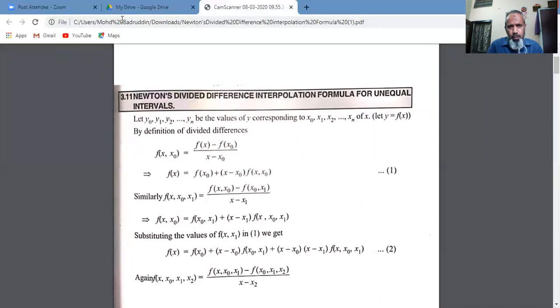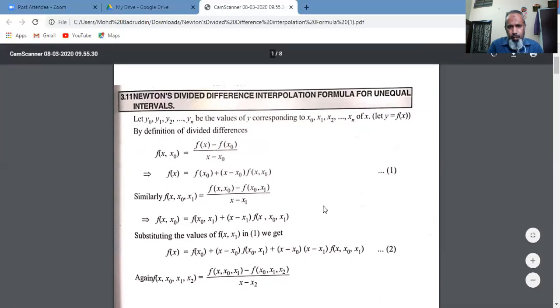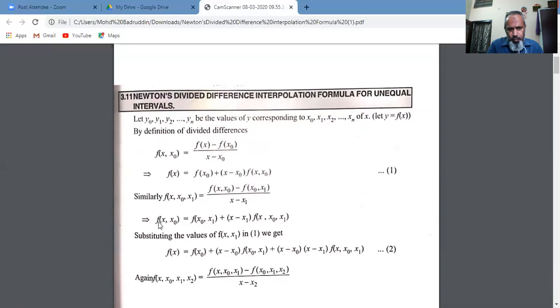So see here how we are writing the values. f(x) = f(x0) as it is, plus (x − x0) into f(x, x0). In place of f(x, x0), we are writing this value, f(x0, x1) + (x − x1) f(x, x0, x1).